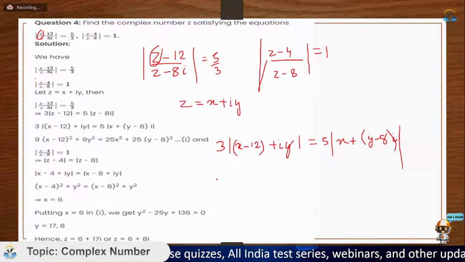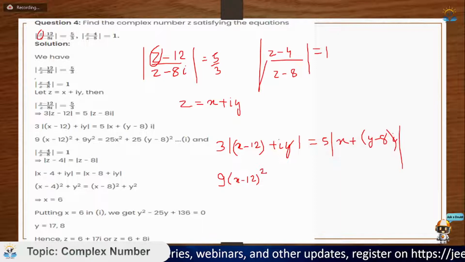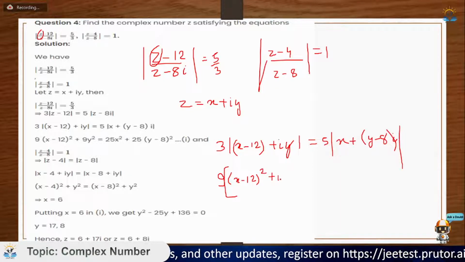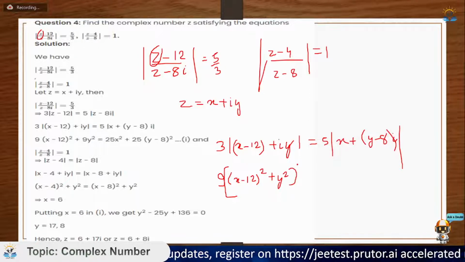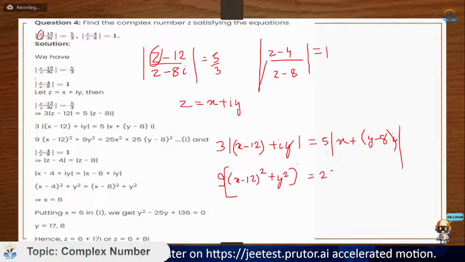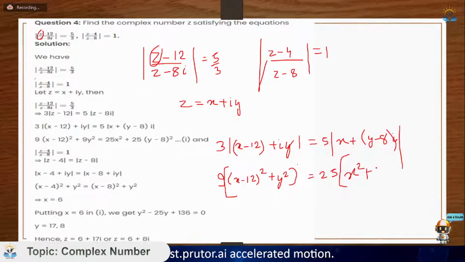Now square both sides. You will be getting 9 times ((x minus 12) square plus y square) equal to 25 times (x square plus (y minus 8) whole square).